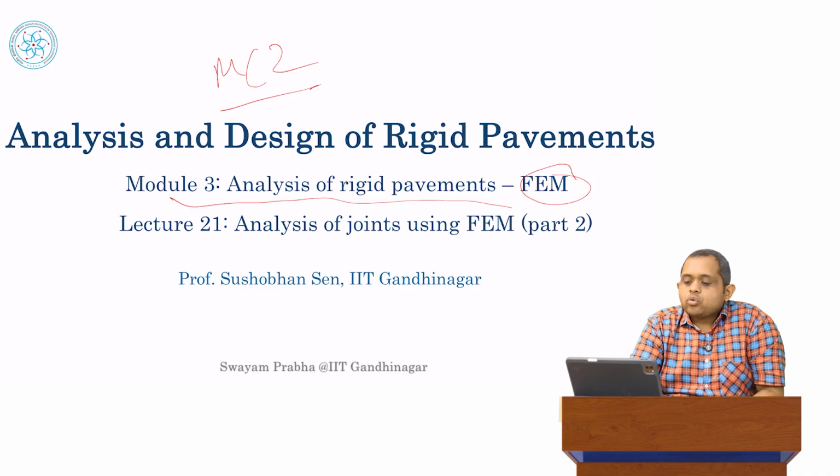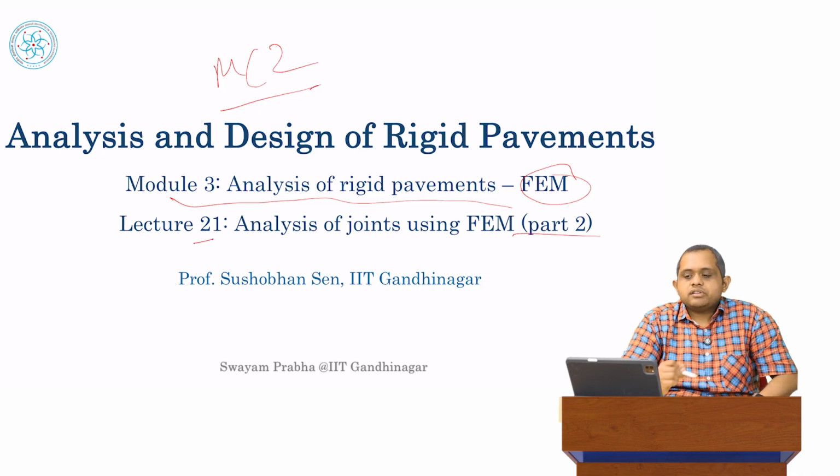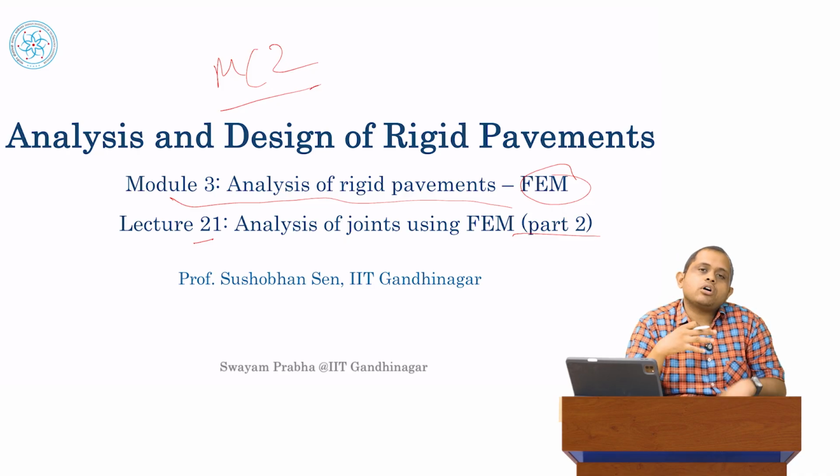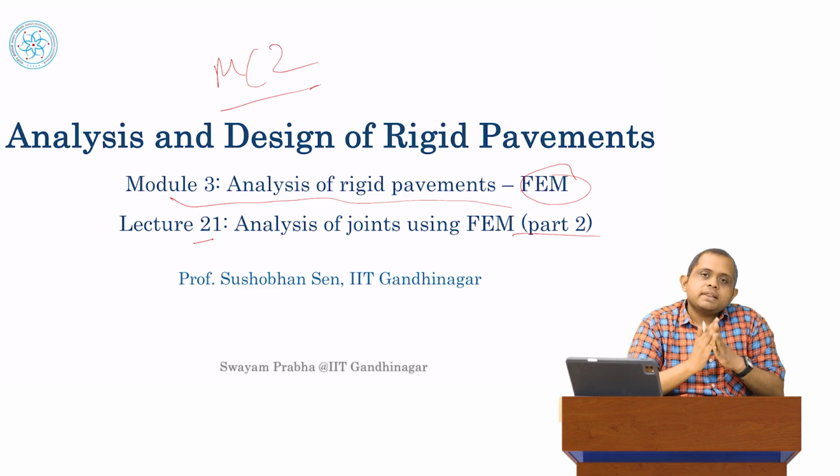All right. So in the previous lecture, lecture 20, part 1 of this lecture series, we looked at the analysis of joints using the finite element method. We'll have a quick summary, but what we saw is how we can use the finite element method to solve the slab and dowel system as one integrated system. But then we came across one problem: what is the physics of the joint?